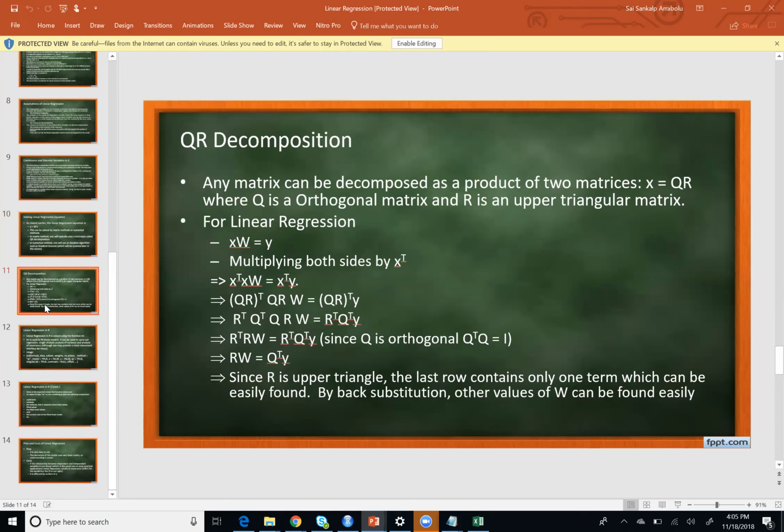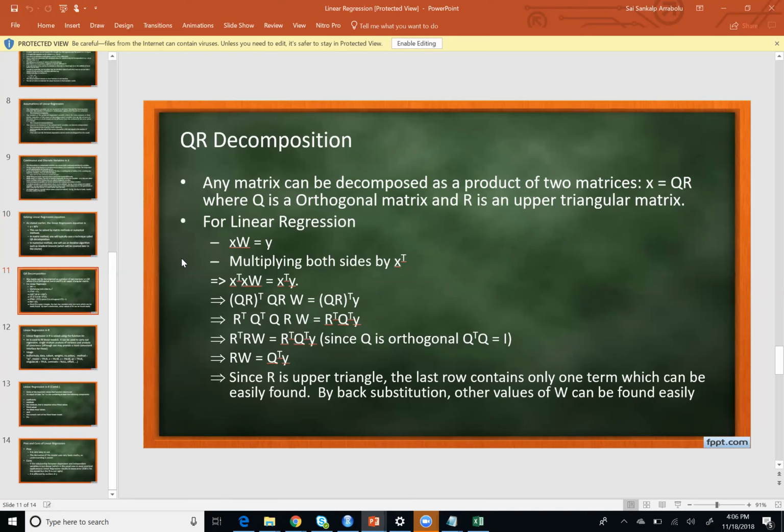QR decomposition is basically, if you've followed the lecture on eigenvalues and eigenvectors, I had said that a matrix can be decomposed using SVD decomposition. I don't know if you remember that from that lecture, but using SVD decomposition, we took a matrix and divided it into U, sigma, and V transpose, right? Where sigma contained all the eigenvalues and U and V were the eigenvectors.